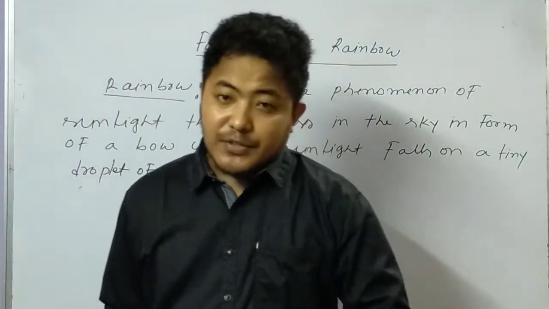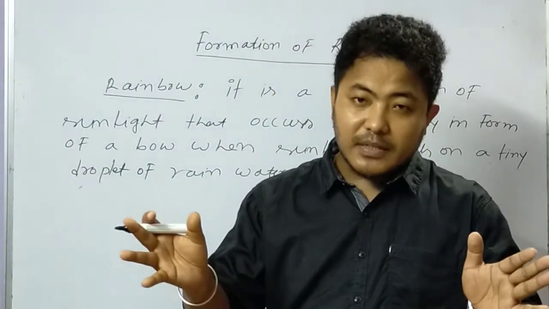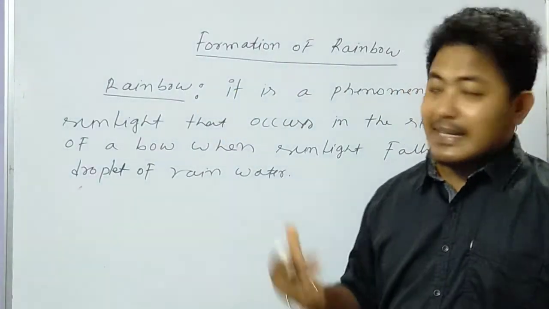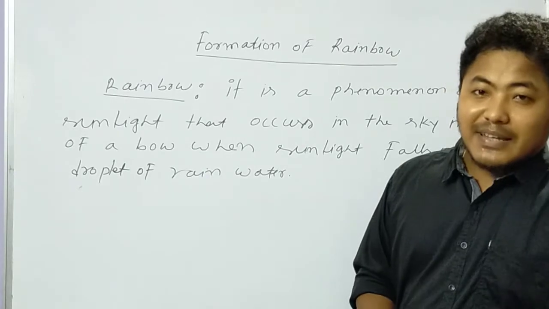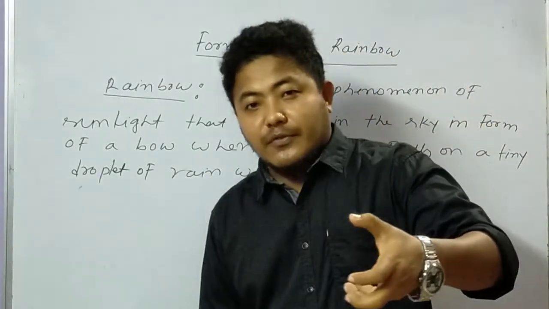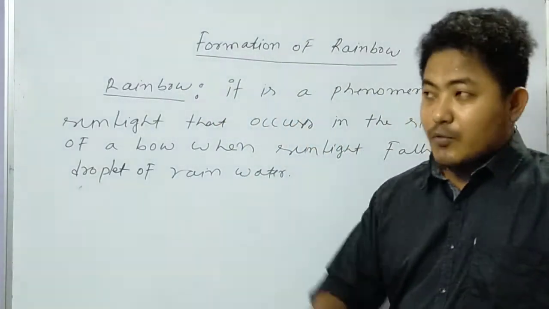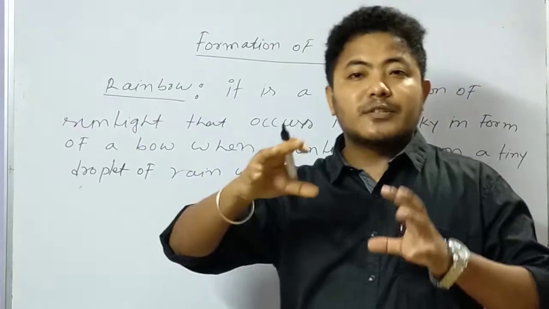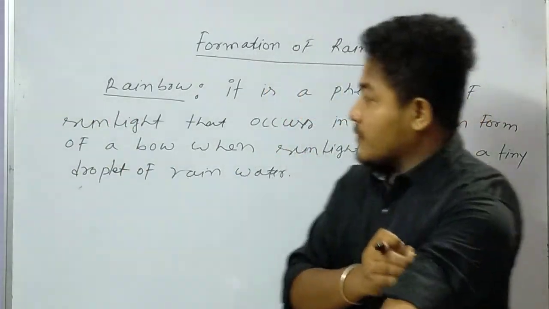As you know, once white light falls on a prism, it splits into 7 colors. The same thing happens in the formation of a rainbow: the tiny water droplet of rain behaves like a prism, and once sunlight falls, the light is split into 7 different colors. That is how we find the rainbow.